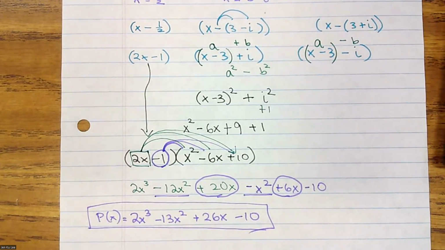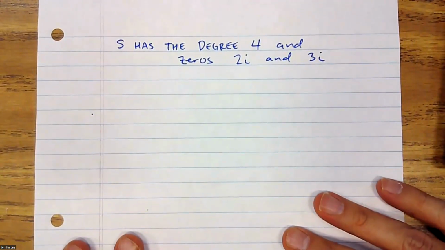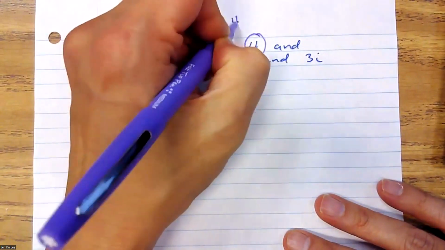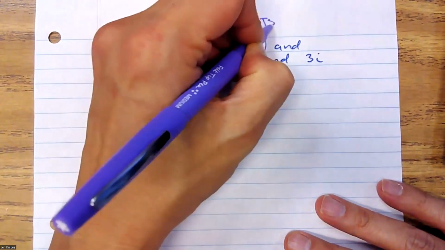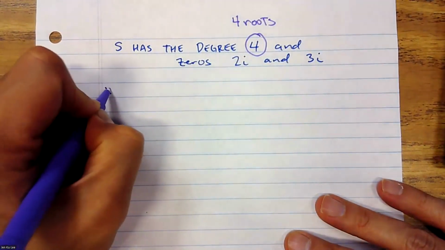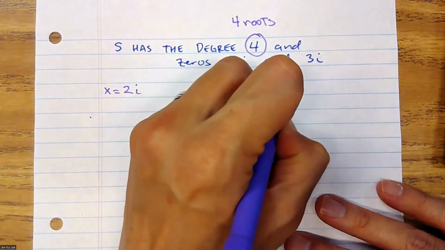No? The last example that I have is S has the degree of 4. So I know there are going to be 4 roots, and the zeros are 2i and 3i.